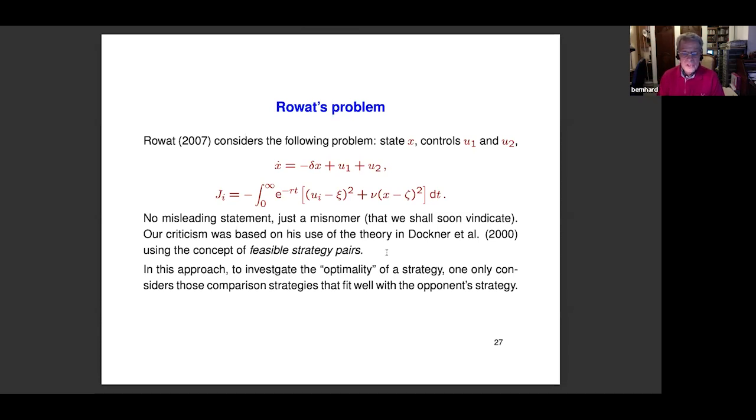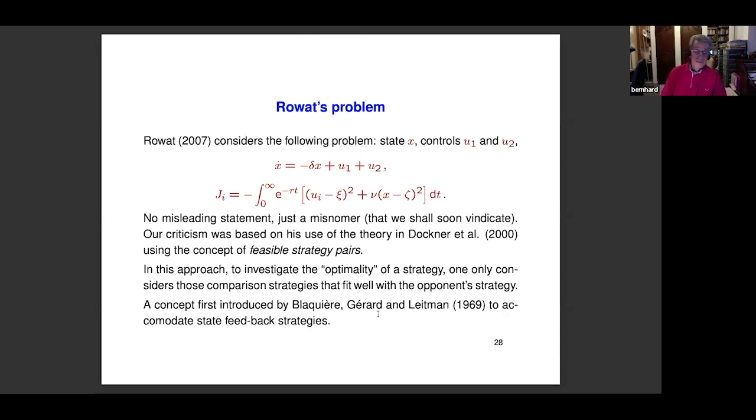Well, in this approach, to investigate the optimality of a strategy, and equilibria are about optimality, one only considers those comparison strategies that fit well with the opponent's strategy. And you just ignore those that you don't like. So of course, you have optimized among, you don't know how many strategies, maybe very few.